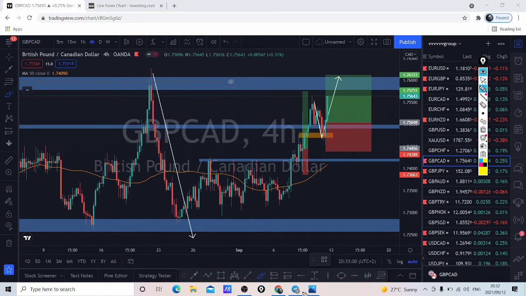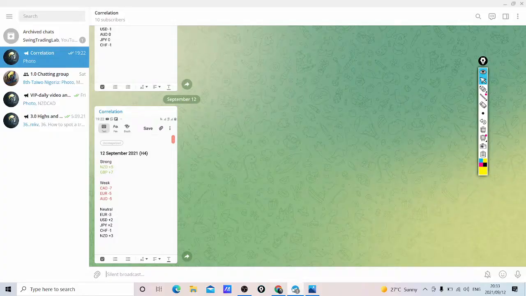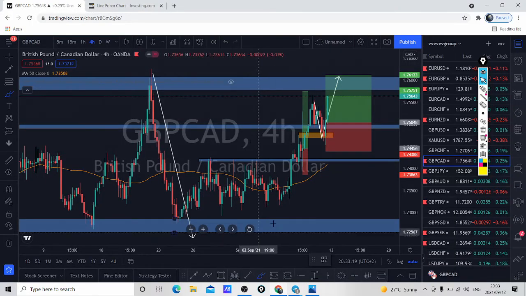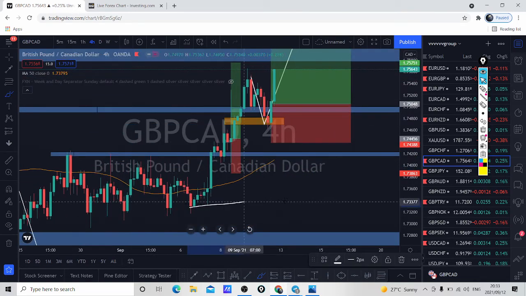But if you have these numbers, you are going to be aware of what is coming. So I knew that the CAD is neutral, and the GBP is also neutral. Just stay away from those pairs unless you want to trade within a range.